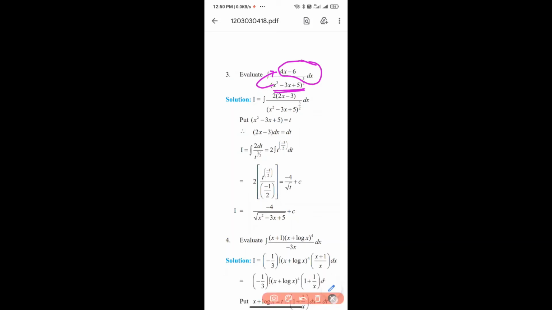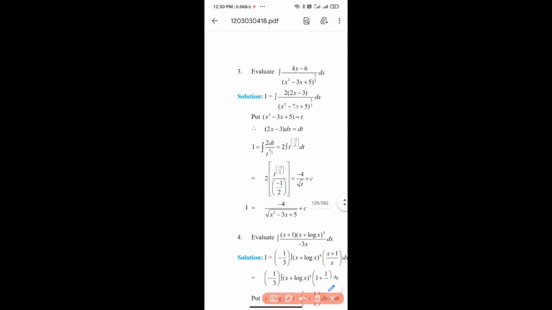So you can simply start with this. Okay, so this x square minus 3x plus 5 is equal to t. If we derive it, so derivative of x square is 2x, and of 3x it is minus 3.